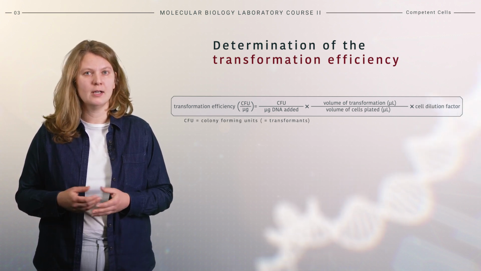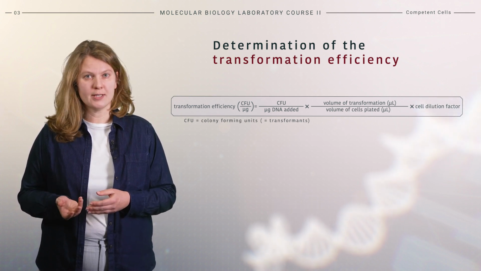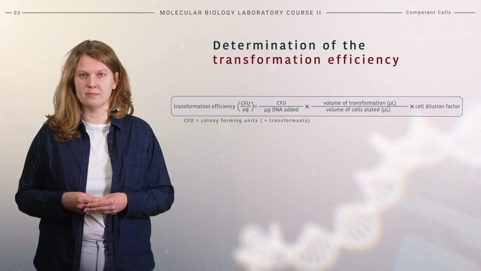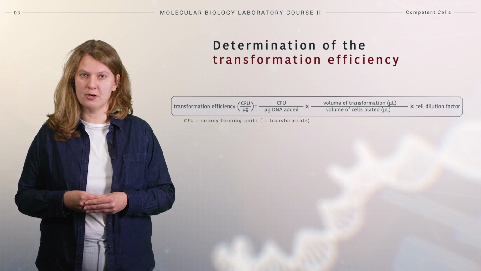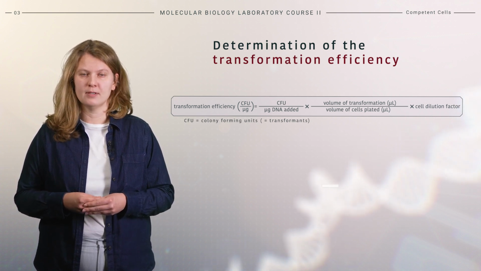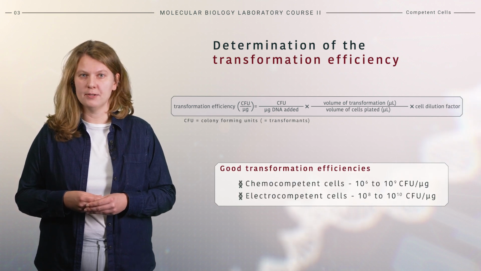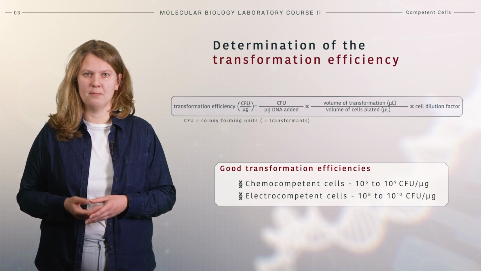To name a few are plasmid size, forms of DNA, the genotype of host cells, and the method of transformation. In practice, the rates are higher for smaller plasmids and considerably lower for larger plasmids. Here, you can see some examples of good transformation efficiency for chemocompetent and electrocompetent cells.